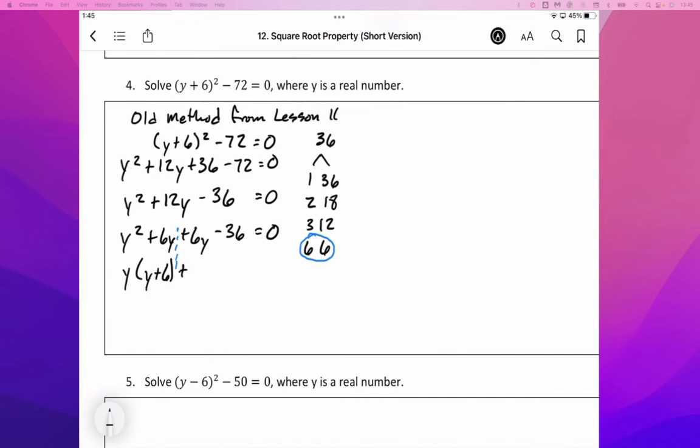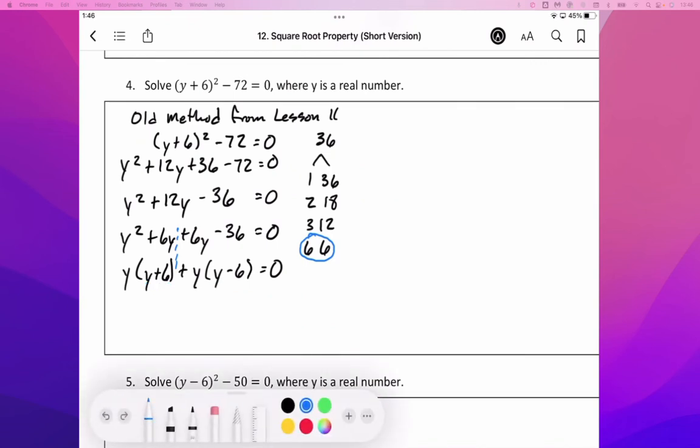And then on the right, I want to create y plus 6, but if I factor out a positive y, I'm left with y minus 6. Well, that doesn't work because now these two don't match. So that's a problem. So let's try factoring out a negative y.